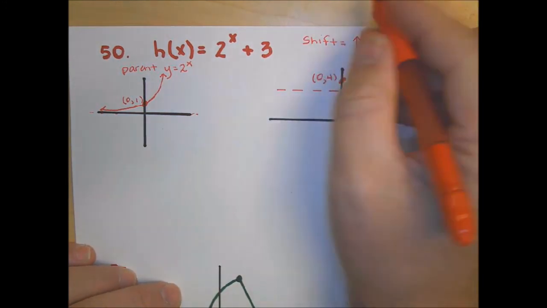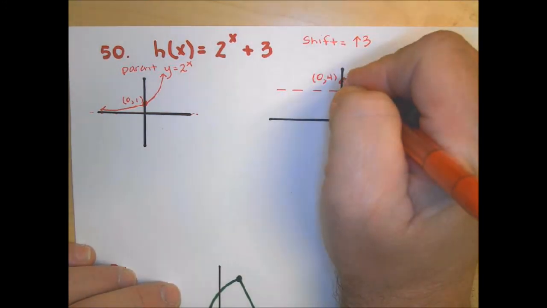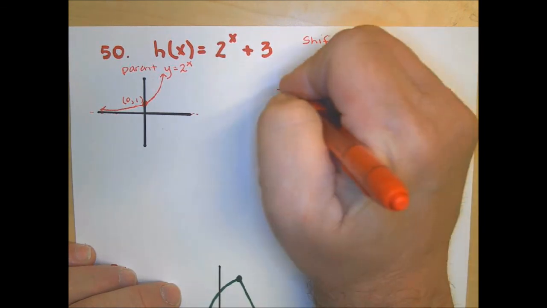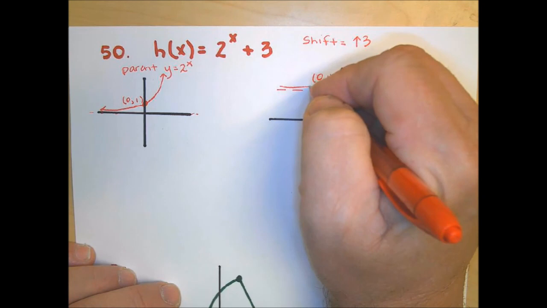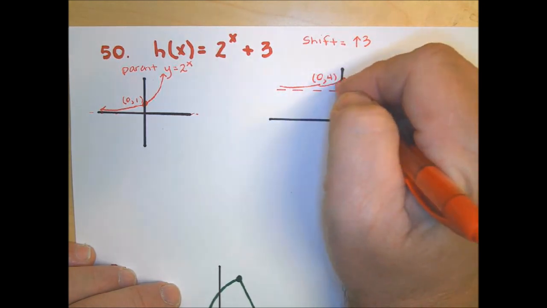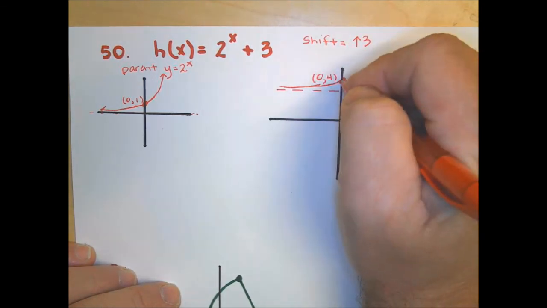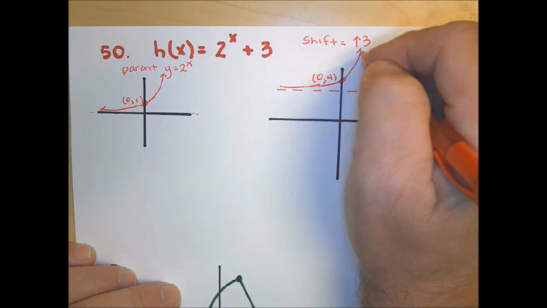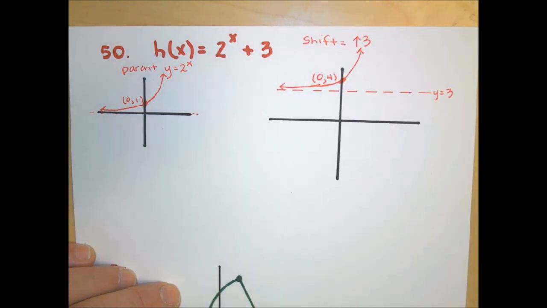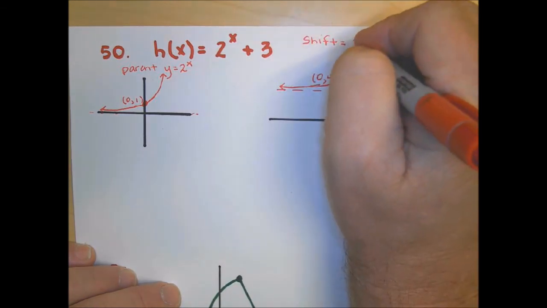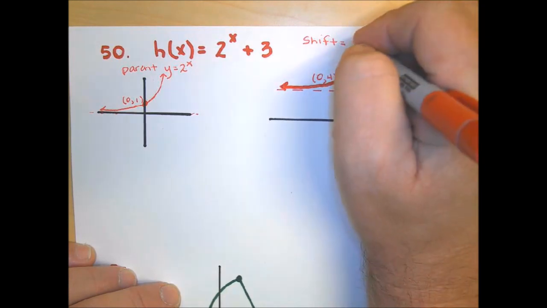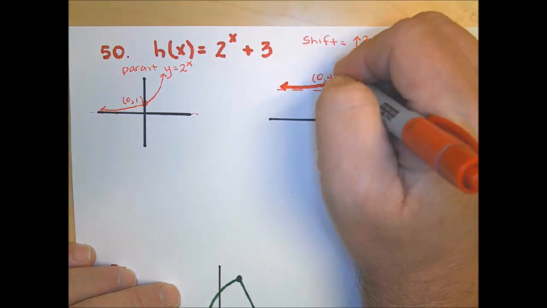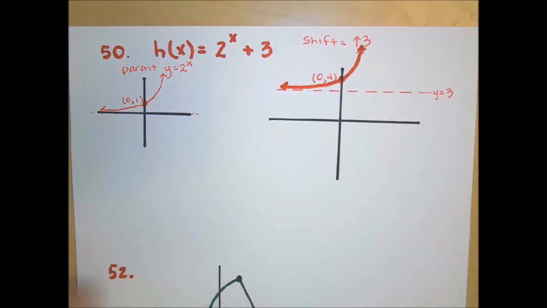It's still an exponential growth graph. The graph doesn't cross the asymptote. It's just really close here. It crosses at the key point, and then it goes up like that. So a sketch of the graph would do something like this, going through that key point of 0, 4.